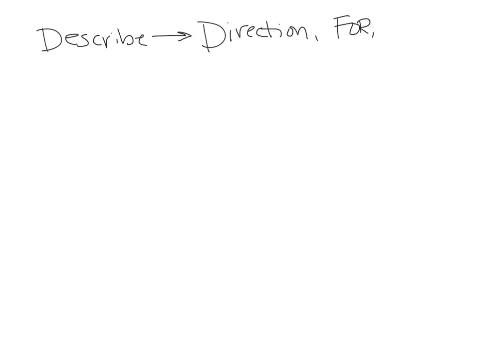How to examine that? There's three things that you have to remember. A lot of times they'll use the word describe. So you describe a scatter plot by using direction, form, and strength. Direction will be positive or negative.